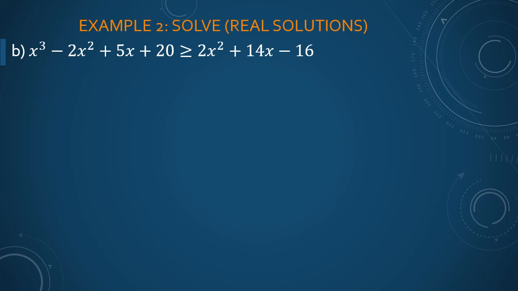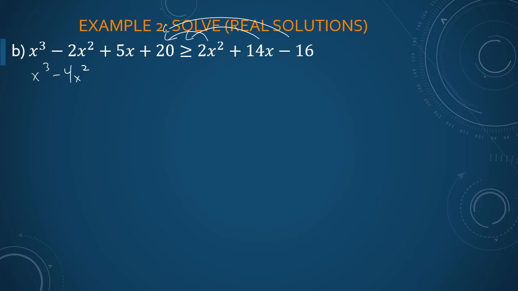Our final example, this looks like a big one, but we can do it. So the first thing you want to do, bring everything to one side. So that's going to become minus 2x squared minus 14x plus 16. Okay, x cubed, and then minus 2x squared is negative 4x squared.